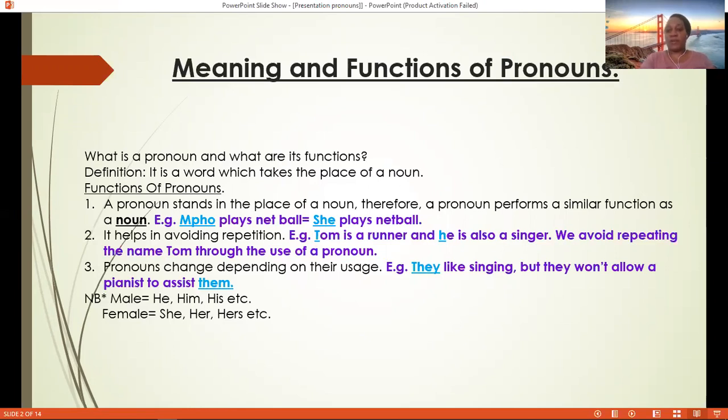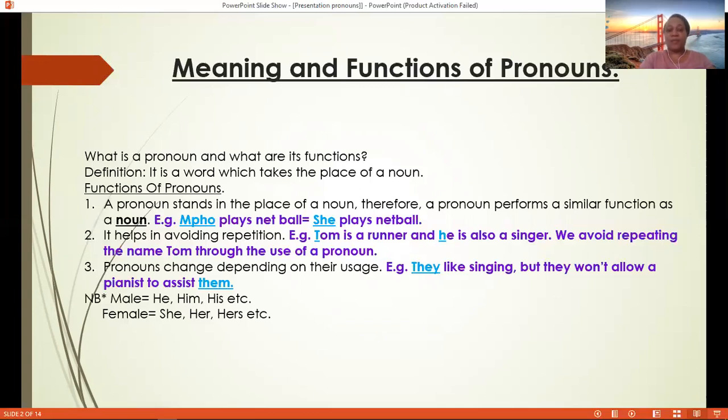Functions of pronouns. Number 1, a pronoun stands in the place of a noun as indicated before. Therefore, a pronoun performs a similar function as a noun.